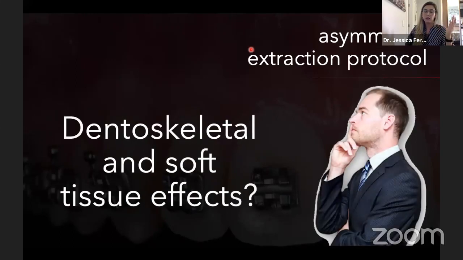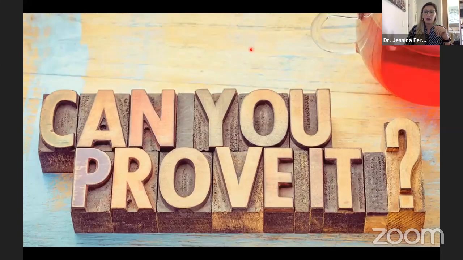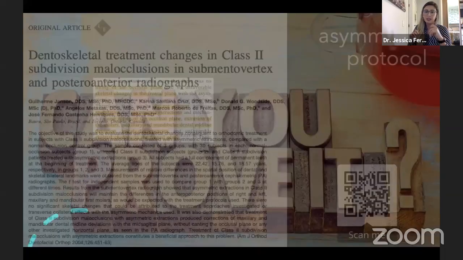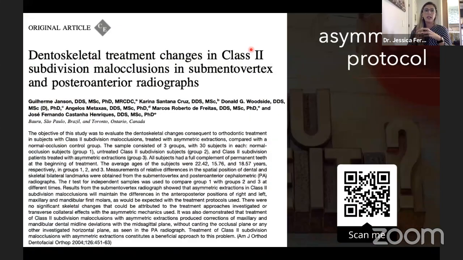And dental, skeletal and soft tissue effects. Some authors question the stability and the occlusal tilting, and there is already this study to prove the dental and skeletal treatment changes in the class 2 subdivision malocclusion. We can also access this article just by scanning the QR code.